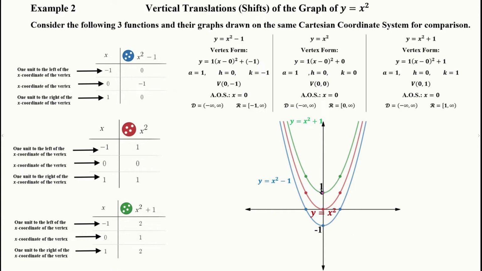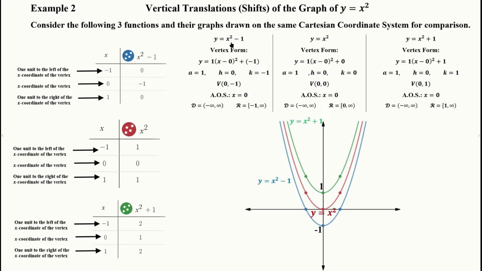So you end up with the green and the blue curve that we see. For the graph, you do exactly the same as we did before. Start with the vertex, then plot 1 point to the left of the vertex's x value and 1 point to the right. And then you have 3 points which you can plot and quickly graph your parabola.